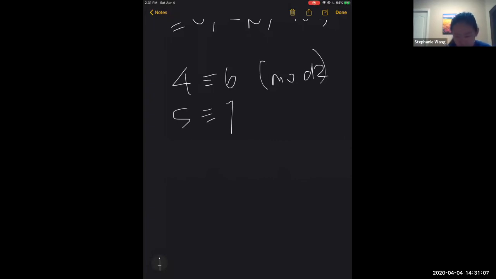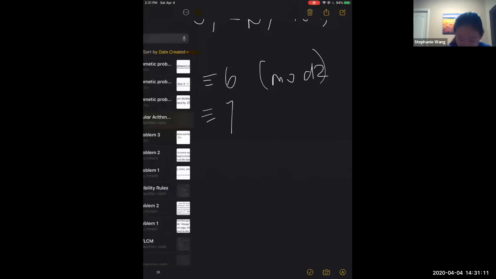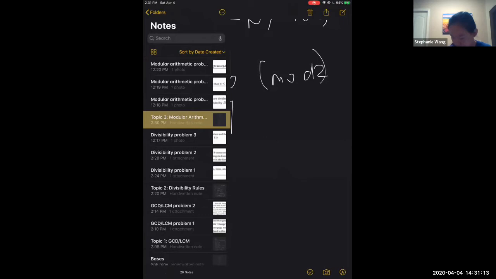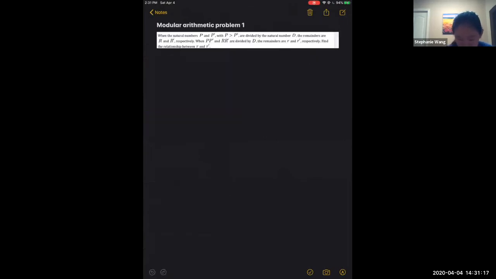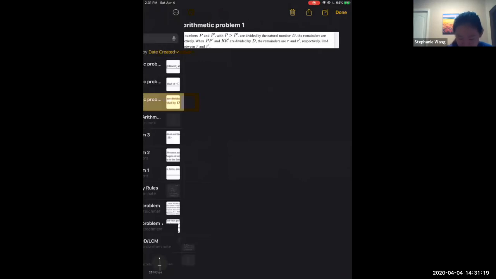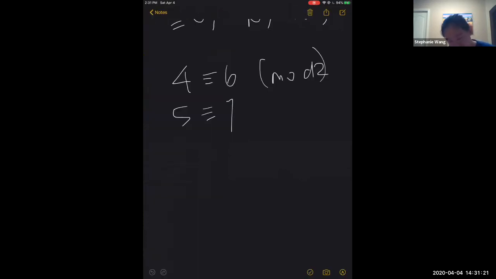All right, so now let's talk about a problem that is basic for mods. Well, actually, let me just show y'all the special reason why we can't divide by the same number in modular arithmetic. For division, there are 2 conditions.